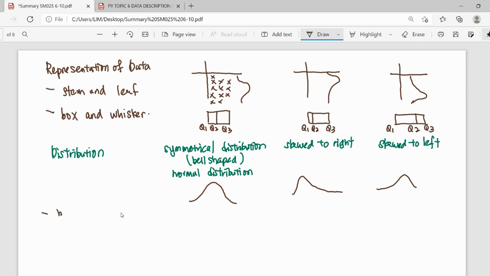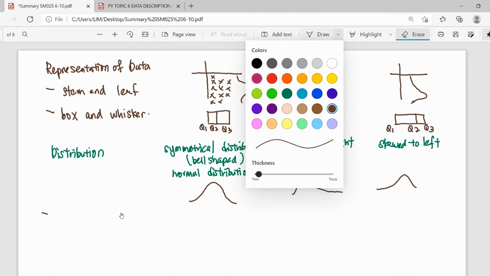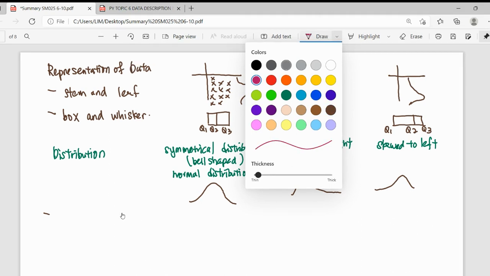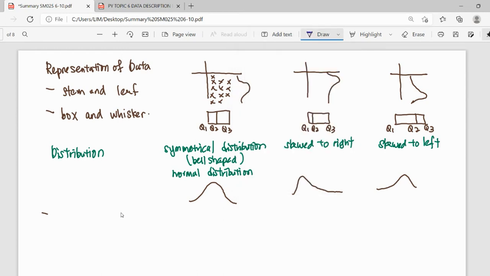Besides that, from your mean, mode, median. After you calculate your mean, mode, median from your data, when they are equally the same, you can justify that your data is a symmetrical distribution.